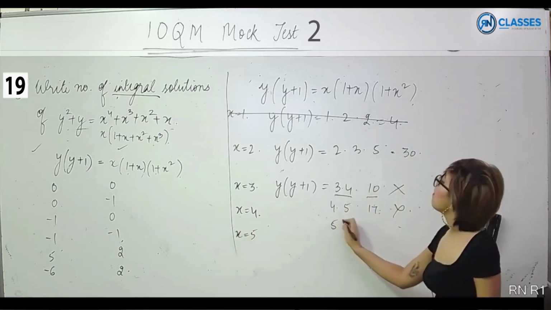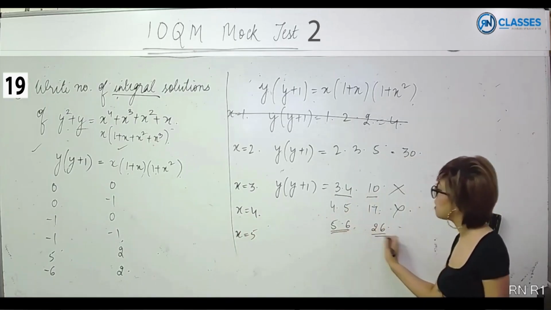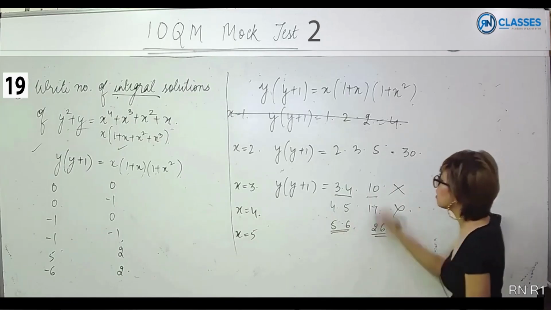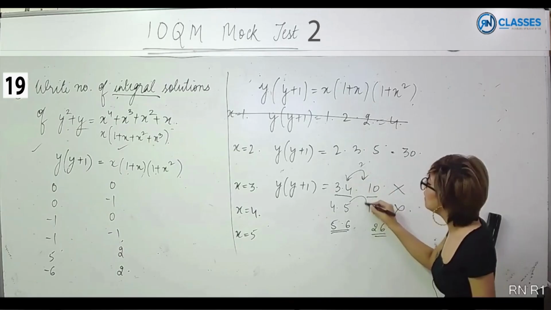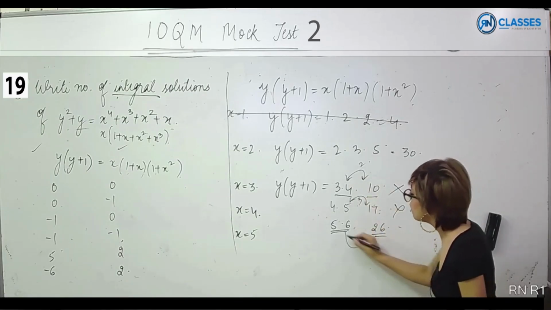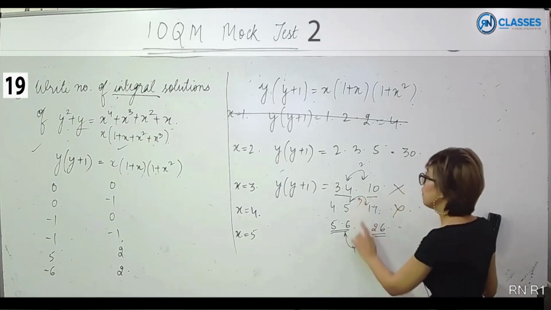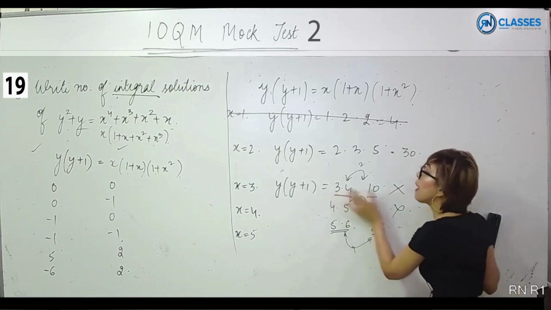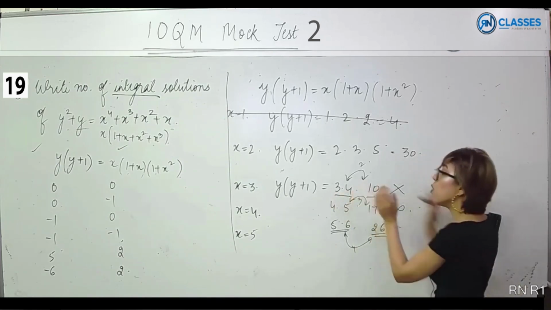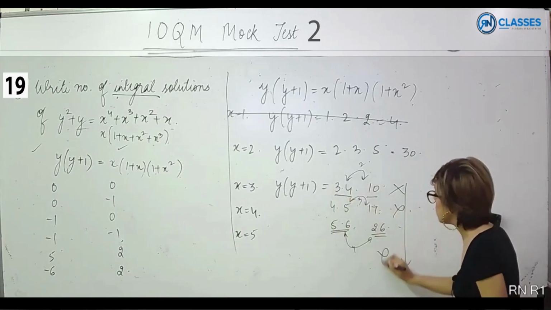Then I write 5 into 6 into 26. Now, 30, 26. In fact, if you notice, the difference is 2, then the difference is 3, then the difference is 4. And if you go forward, you can see that the difference is increasing. So that means the nearest 2 factors are going apart from each other. So that means ahead I may not get any solution.